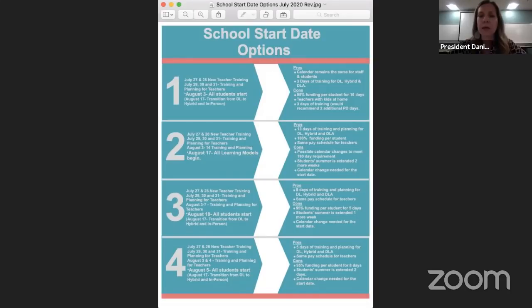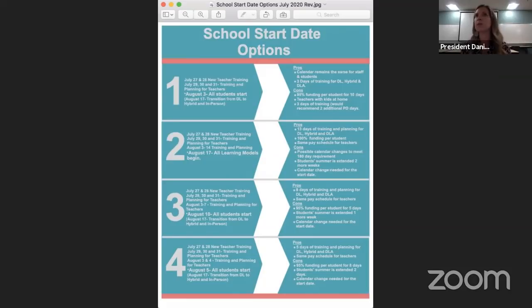With that being said, knowing that August 17th date is aspirational, that's a quote from our governor in his last press conference, I know he's struggling also with what that date looks like. I will just start off the bat. I think that number two model is not feasible in the sense that August 17th is not a set date. If we knew it was a set date, we could use that as a benchmark.